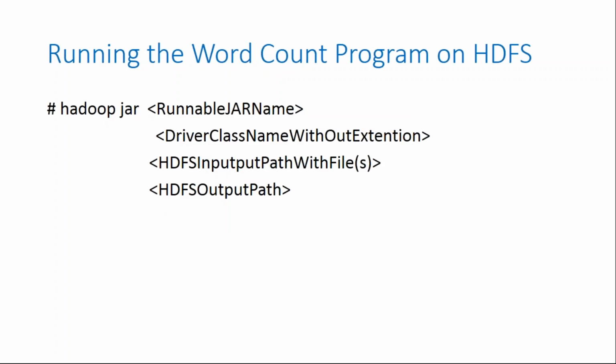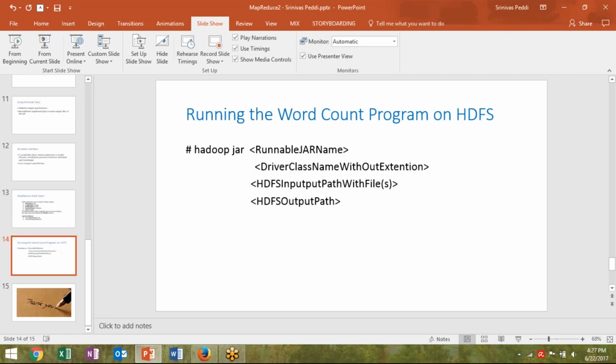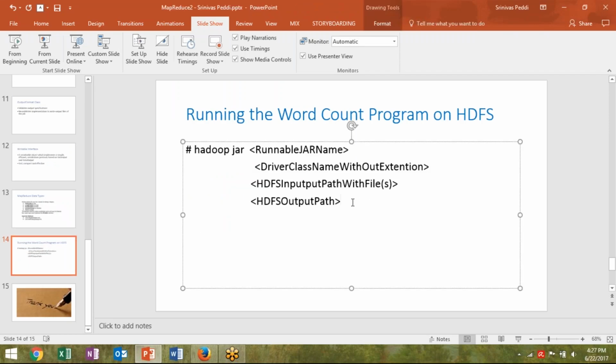So this is how we're gonna run the program. That's the syntax to run the program. After writing the Java program, we're gonna create a jar file, export a jar file, and it should be something like this.